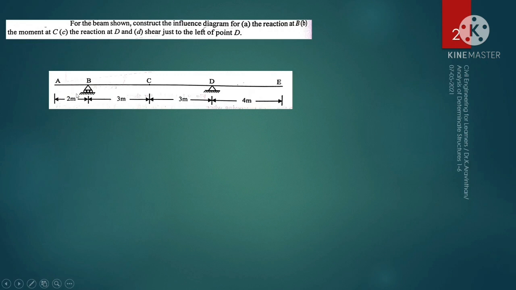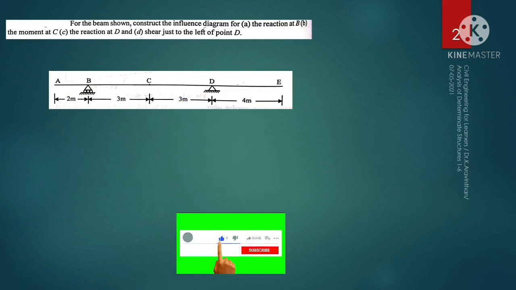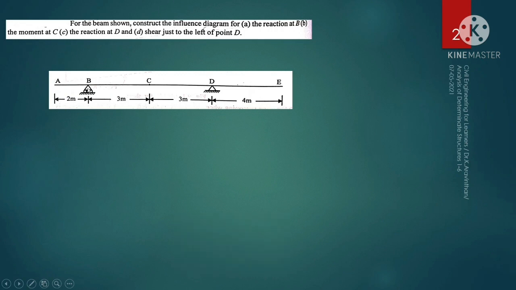This is a typical bridge structure, and the first thing you need to find is the reaction at B. When a load is moving from A to E, what are the changes happening to the reaction at B?